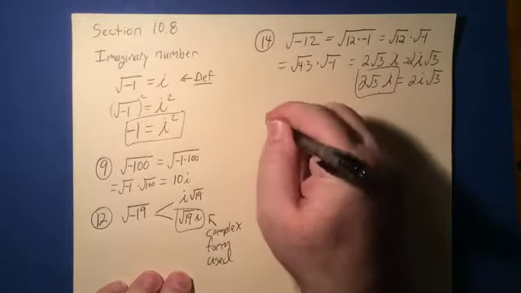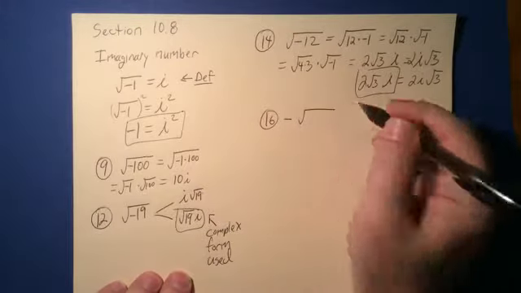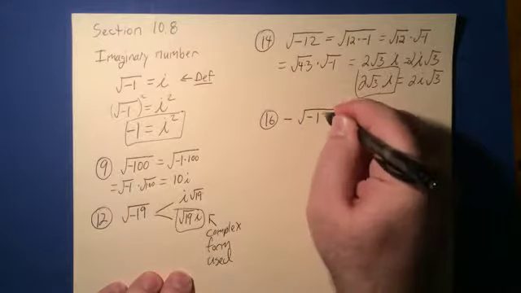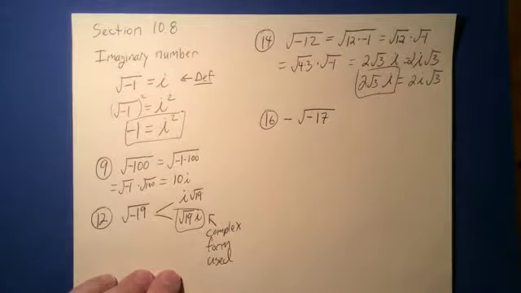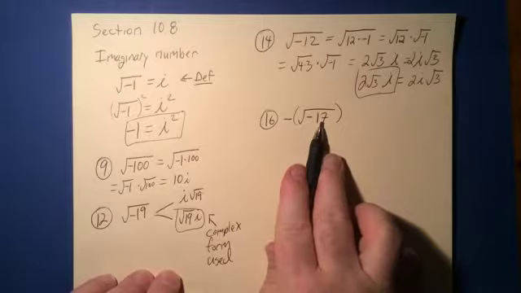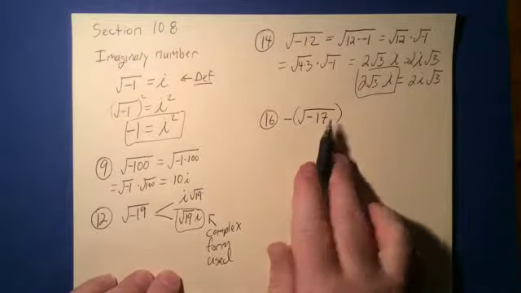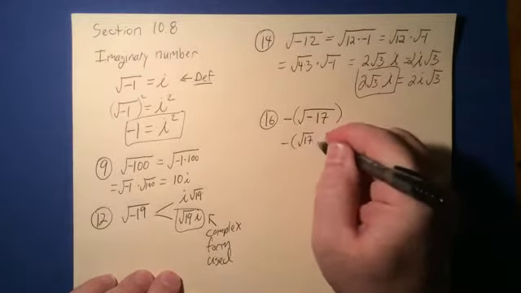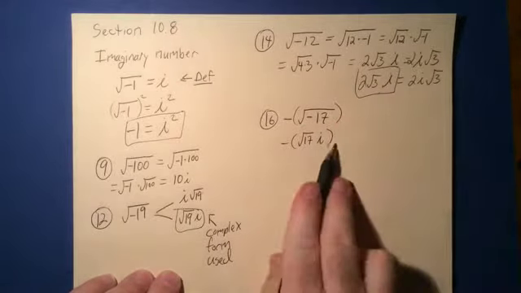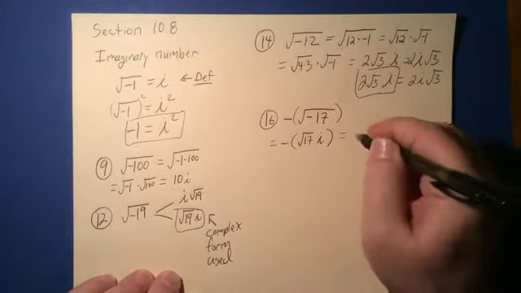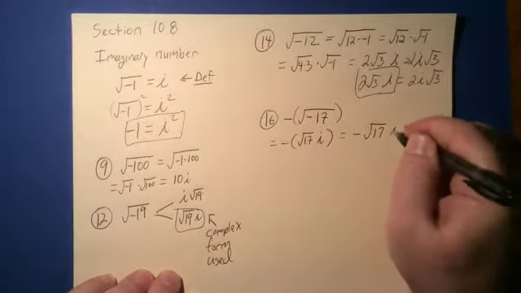Suppose I have a question like 16, where I have a negative on the outside, and I have something like radical negative 17. What happens in this case is we're going to just forget about this negative on the outside for a second. But I know radical 17 cannot be simplified, so I can write this as radical 17 i, and then the negative comes through, so I can write this now as negative radical 17 i.